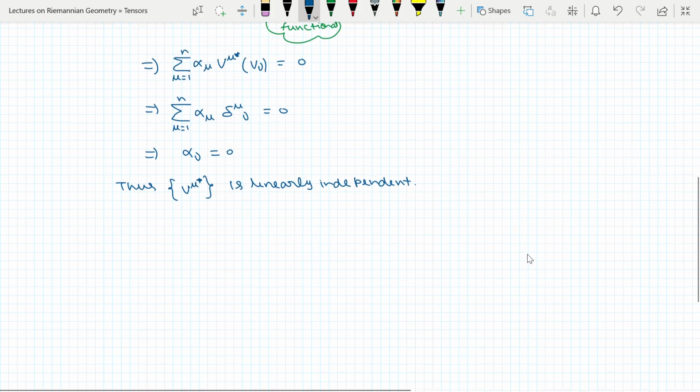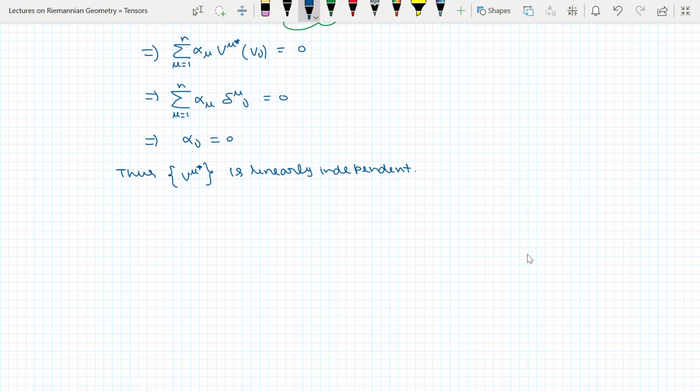Okay, so my first claim is proved. Now I'll make a second claim. What's the second claim? The second claim is that this set v1 star to vn star actually spans V star.